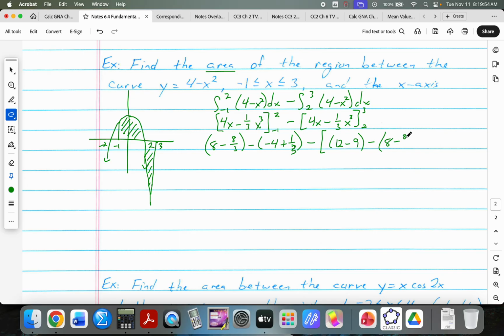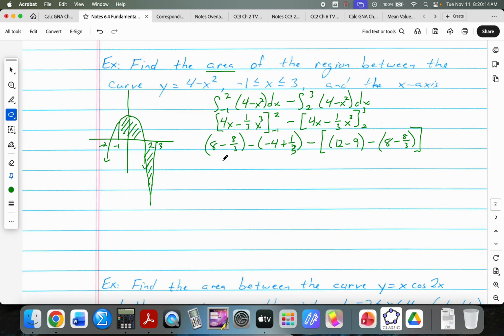That's 8 minus 8/3. Be really careful with your signs on this. Notice here I've got minus this negative. It's real easy to forget that.